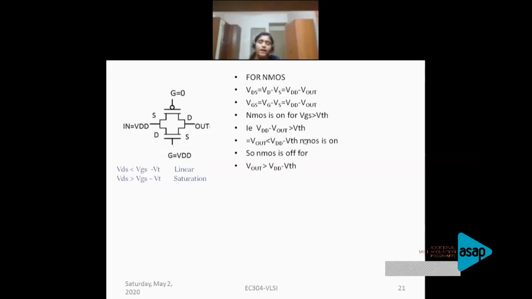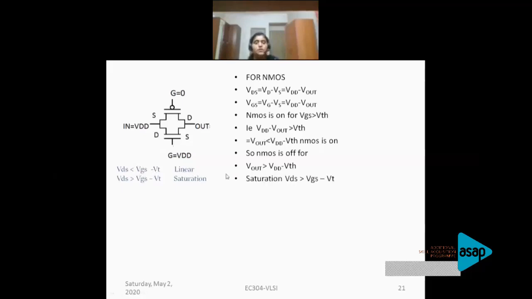Now, when NMOS is on, there are two possibilities. When the transistor is on, it can either be in the linear region or it can go into the saturation region. So when it is on here, what region is it actually working in? That we also need to find out. For that, we take help of these two equations. For this equation it is linear, for this one it is saturation.